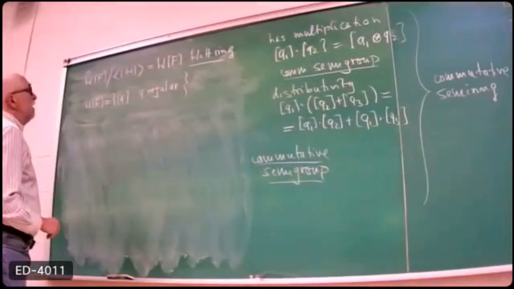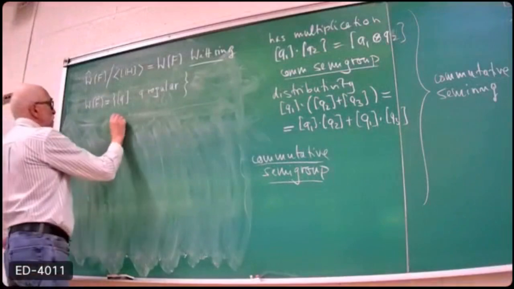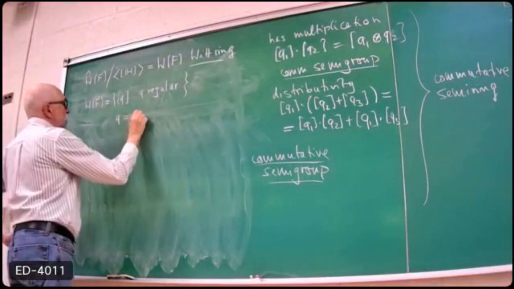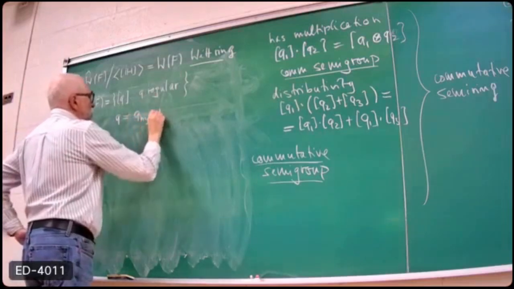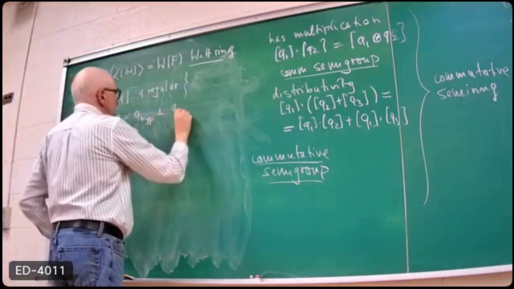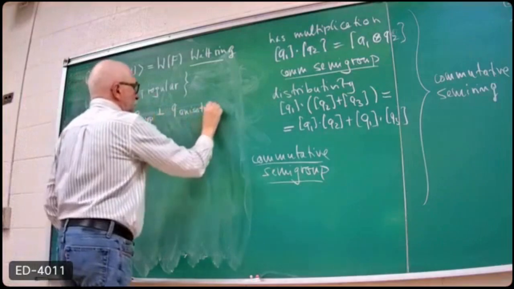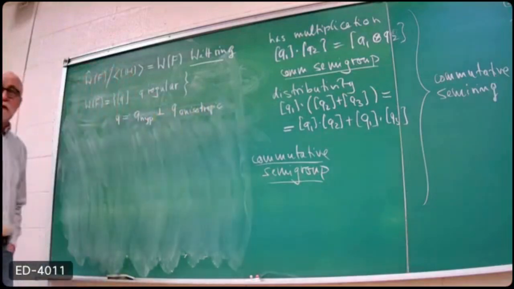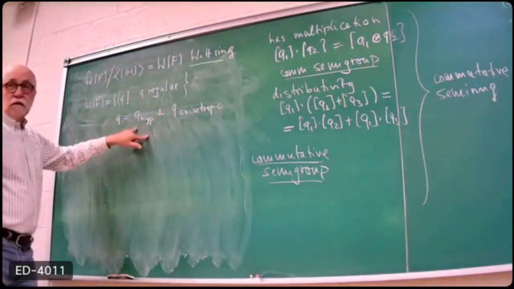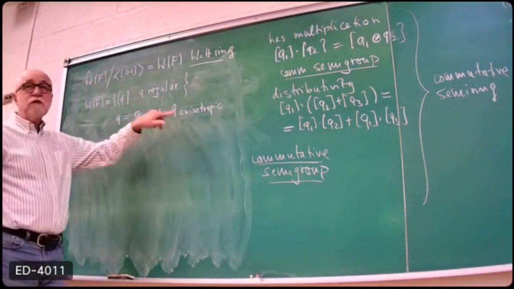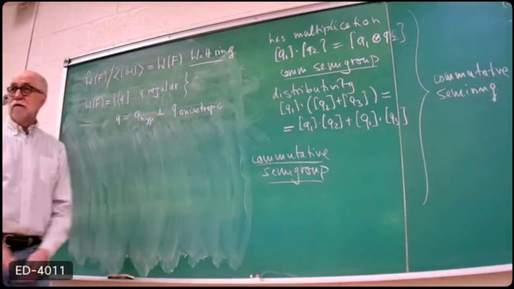Okay. Now, the Witt decomposition said that any regular quadratic form is hyperbolic plus something anisotropic. Now, this means I can write this as isometry classes of hyperbolic plus something anisotropic. But in the Witt ring, hyperbolics are 0.